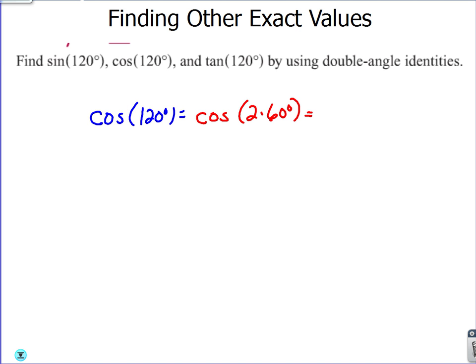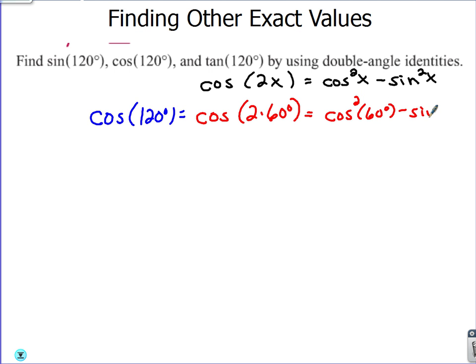The double angle identity actually states, and we can use several different ones here, let's do the cosine of 2x equals cosine squared x minus sine squared x. So in the place of x, I've got 60, so that'd be cosine of 60 degrees squared minus the sine of 60 degrees squared.